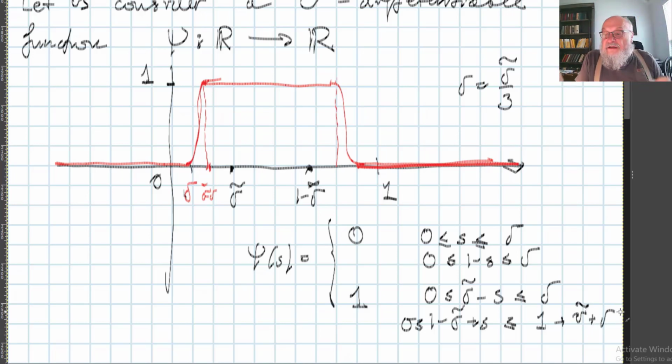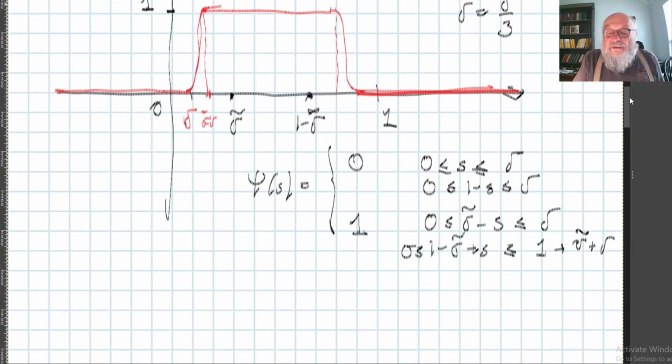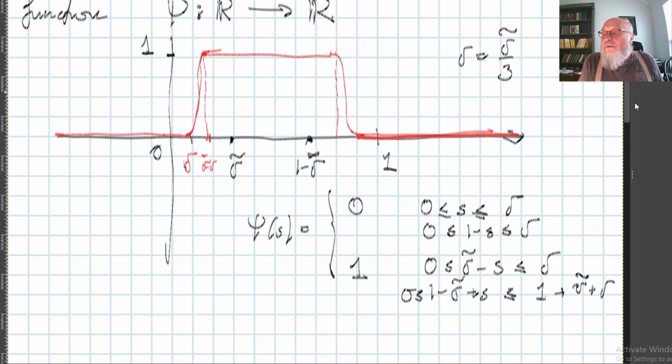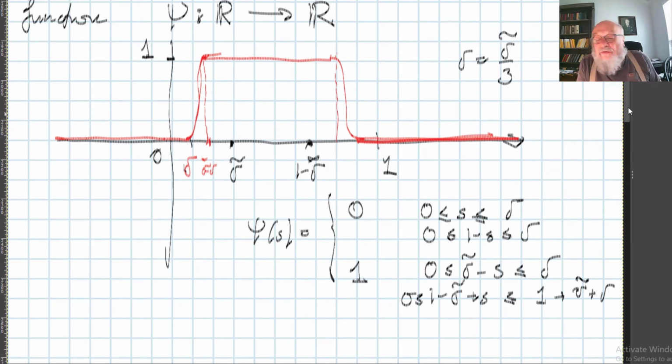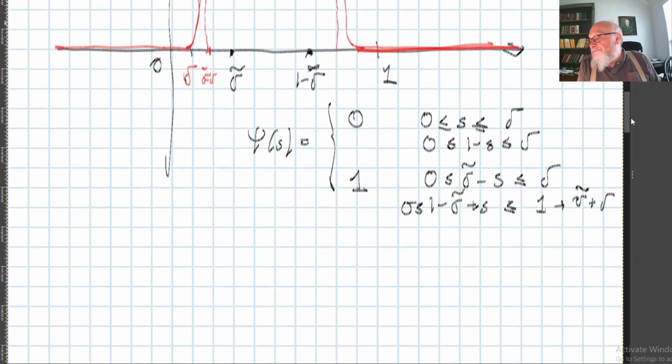Okay, something like that. That's exactly how it is. Such a function you can easily construct if you don't know how. That's a good exercise to construct such a function.